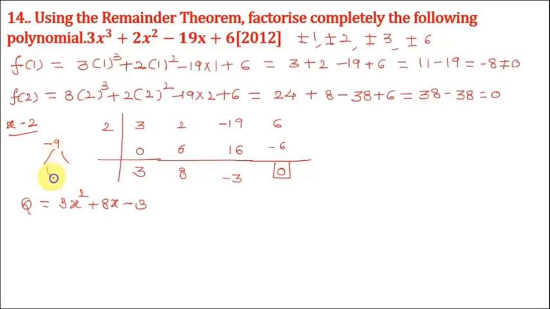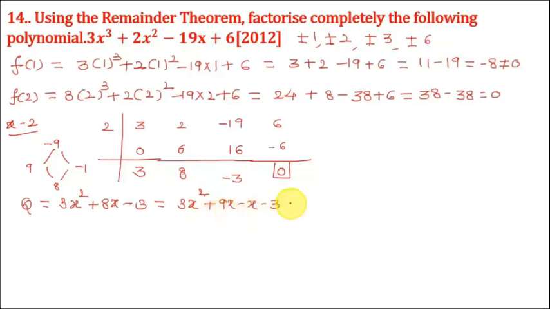What are the two numbers whose sum is 8? That is 9 and minus 1. And hence here we can write it like this: 3x square plus 9x minus x minus 3.